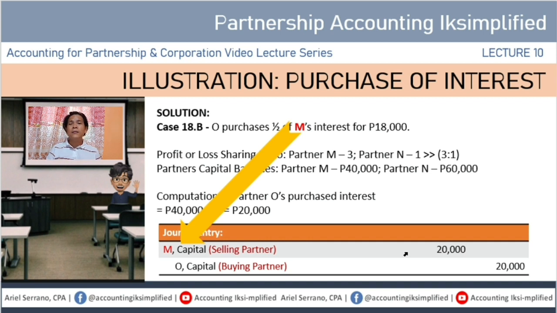Lugi nga lang si partner M doon sa naging agreement. So parang may bonus doon sa incoming partner. So regardless again of the amount paid, we will credit the amount to the partner's capital, yung buying partner, yung admitted partner, for the amount of interest or for the percentage of interest purchased.